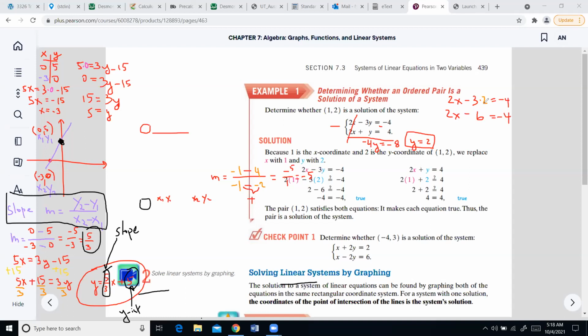So we add 6 on both sides, just like that, here and here, and find that 2x is equal to 2 and x is equal to 1. So x is 1, y is 2.